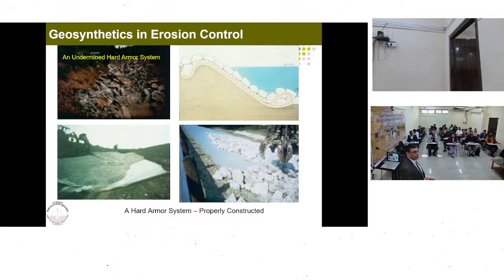So herein, the introduction of a layer of geotextile will be helpful in protecting them, because it will allow the water to move out. It will not allow the granular material to sink into it, the same example as I was telling regarding the road. It will not allow this hard armor system to sink, and the system will be contained in itself.